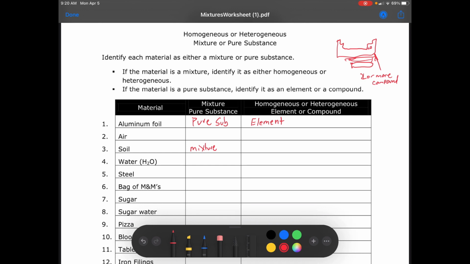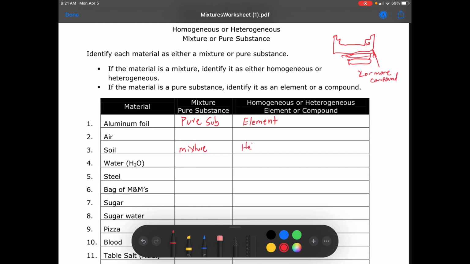Some of the soil is different colors, and some of it has rocks in it. So soil is a mixture, and if it is not uniform throughout, then it is a heterogeneous mixture. You could actually write het.